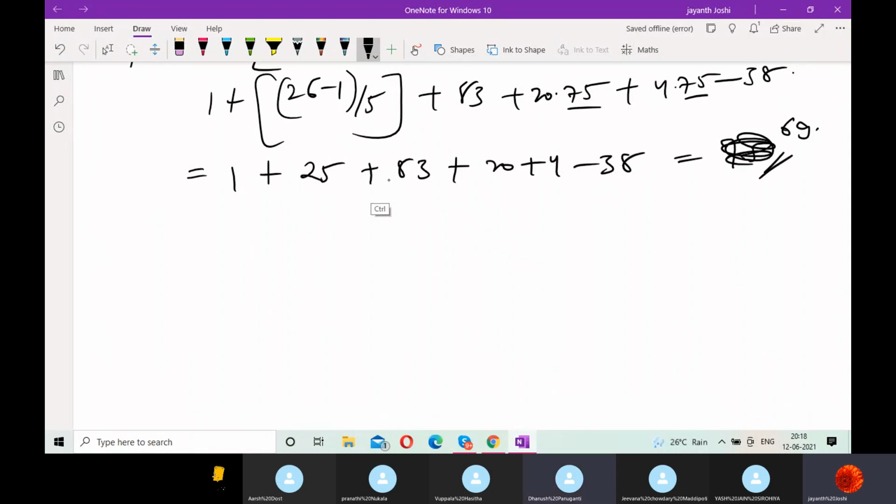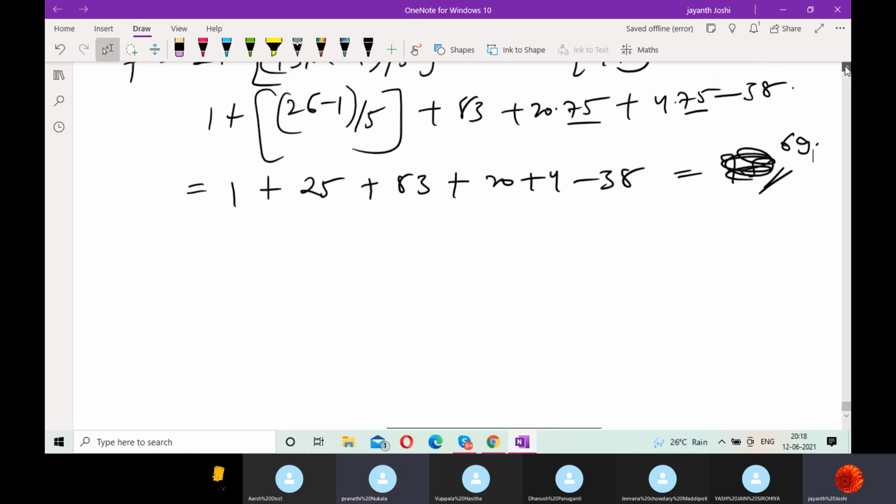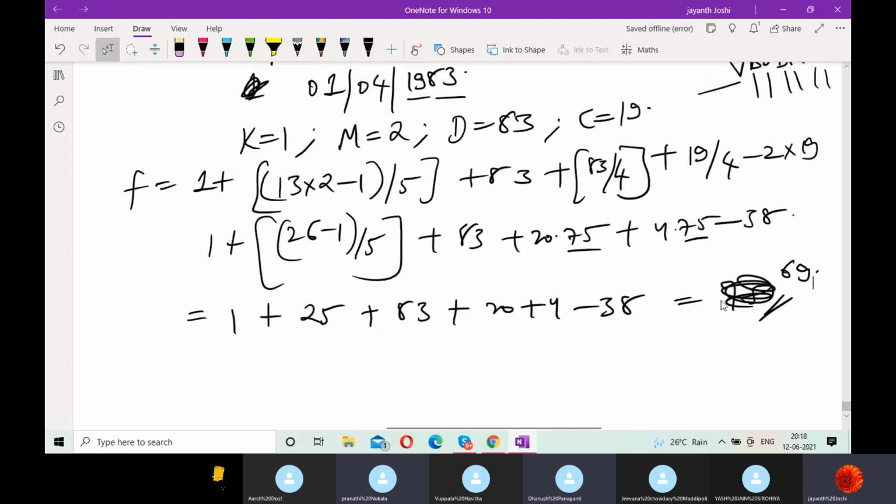Okay. But again, there is a mistake in this calculation. Sir, it's not 25 by 5, it's 5. Yeah, let me check this completely from the beginning. 26 minus 1 by 5. 26 minus 1 is 25. 25 by 5 is 5. Okay.